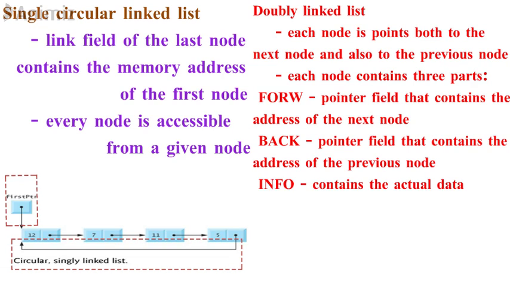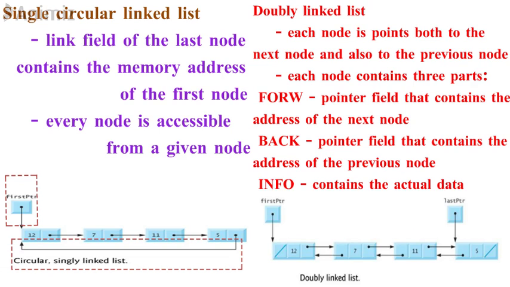When I say forward link, the pointer field points to the address of the next node in the linked list. When I say backward pointer, it points to the address of the previous node that is present in the list. So in doubly linked list, each and every node contains two links in addition to first pointer and last pointer.